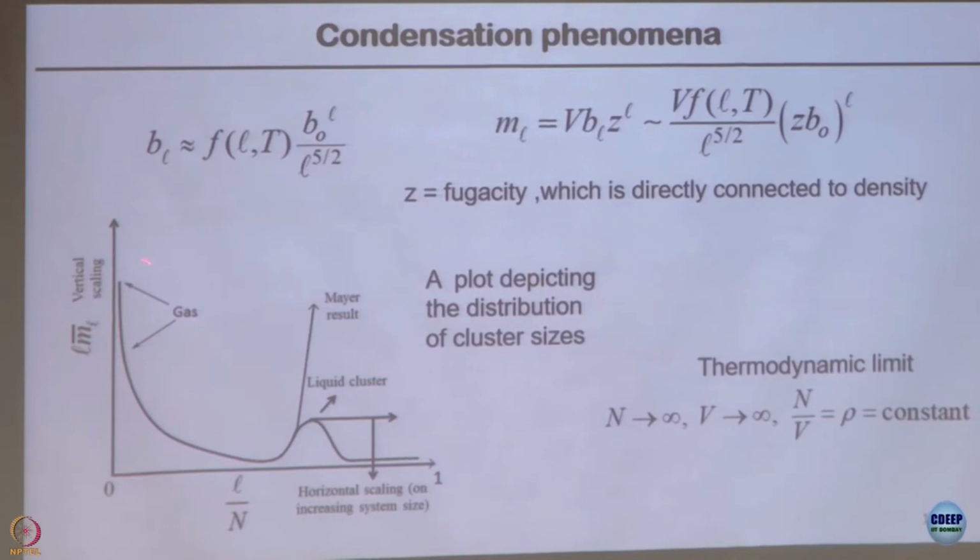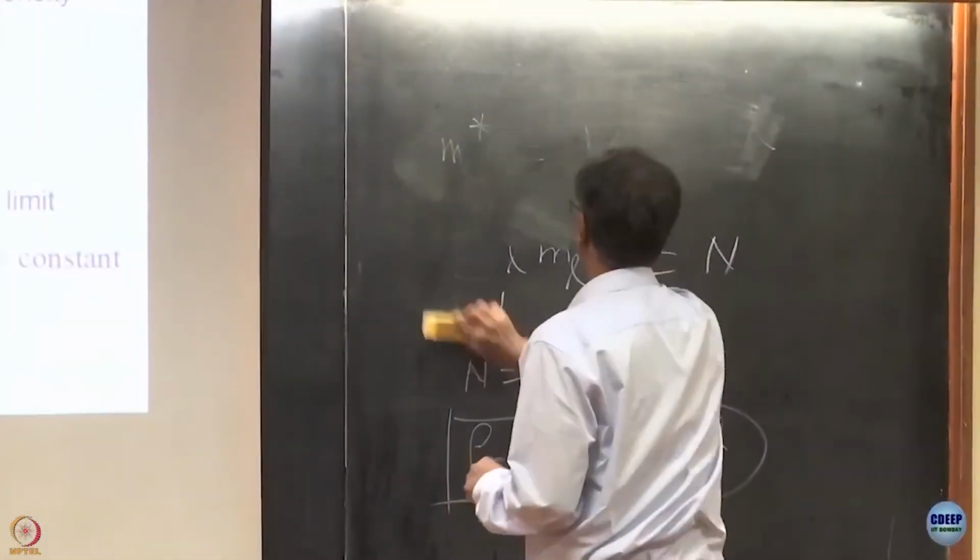This is the low temperature. The high temperature I should have just like this. So this is a nice physical picture that comes. As I told you, ideal gas doesn't form liquid.